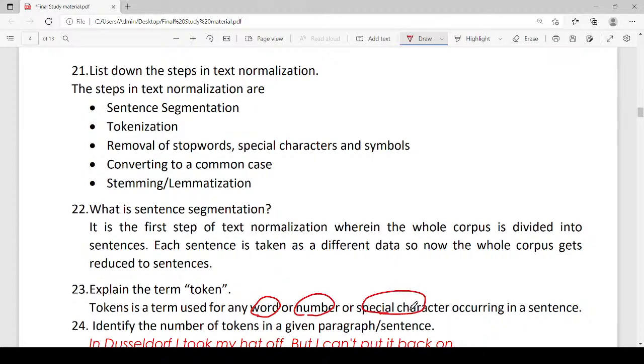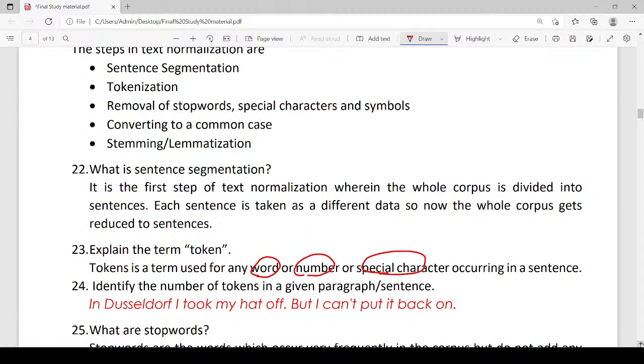Now when you are given a sentence, you should be able to count the number of tokens correctly. So in the second step, we are breaking down the sentences into tokens, which is nothing but a word, number or special character. Now a question to you all. Find the number of tokens in this given sentence.